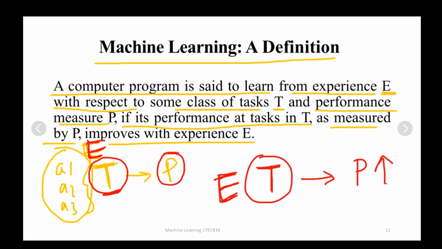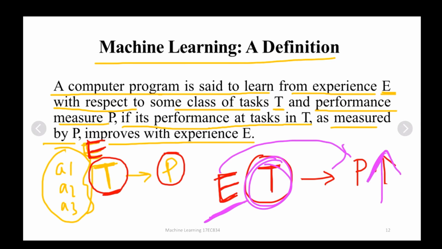So TPE or ETP, you remember that a computer program gets its own experience by performing a class of tasks and getting its performance improved; this is called machine learning.